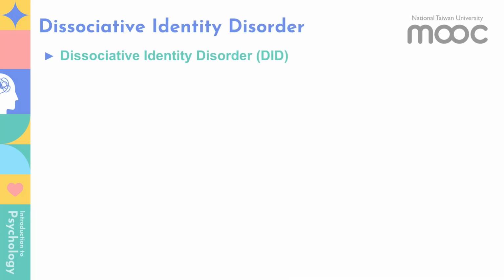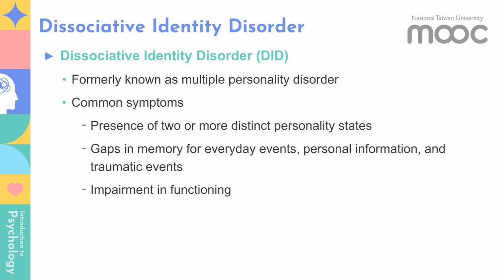The third dissociative disorder we're going to look at is DID, dissociative identity disorder. So people with DID may have two or more identities in one single individual. It's formally known as multiple personality disorder, so there might be multiple personalities in an individual.